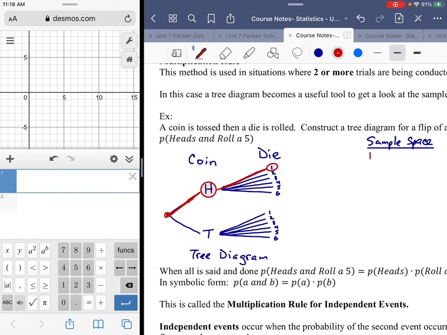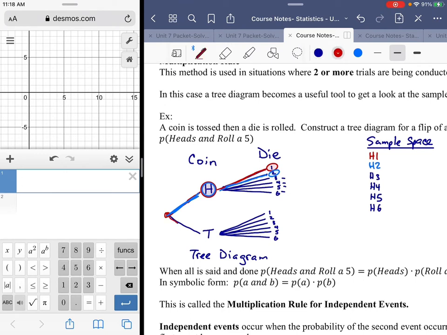Our first outcome would be heads followed by a 1. Then we can start the journey, get to heads, go down the next pathway to get us to a number 2. Looks a little elliptical, but that's okay. So heads 2. And we can keep doing that until we get through all the different possible outcomes for heads. So heads 3, heads 4, heads 5, heads 6, and then we would do the same thing for tails.